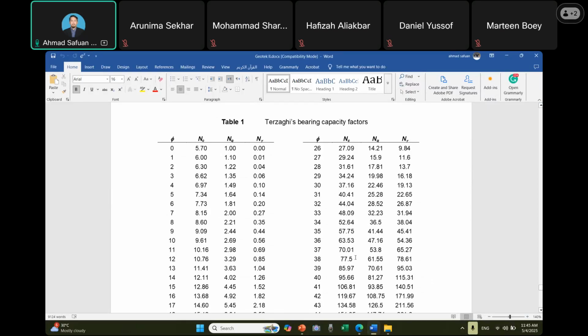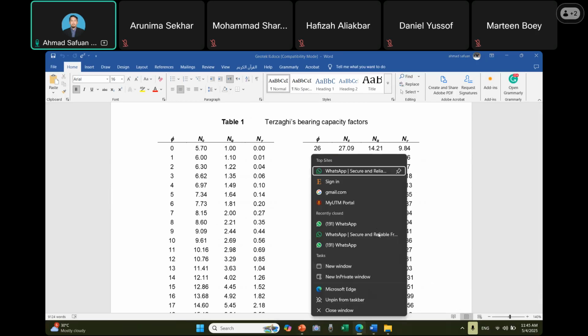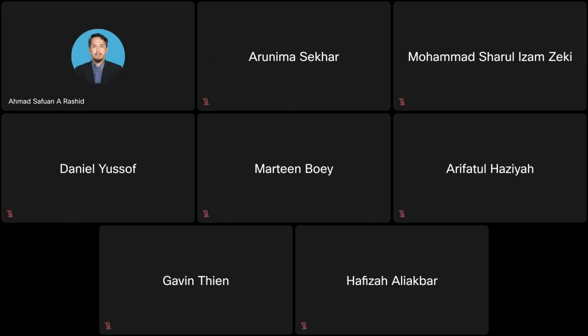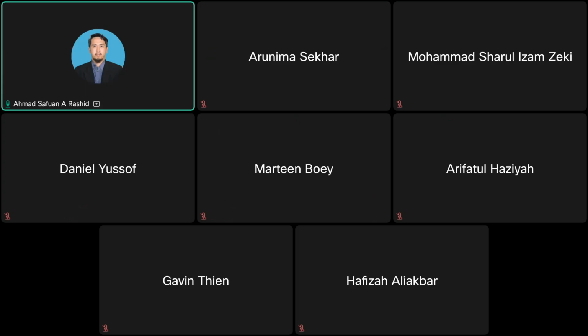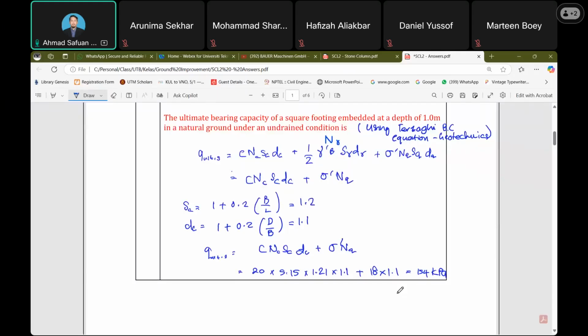But basically Nc is equal to 5.7 if we use Terzaghi. But for this case, the author used Nc equal to 5.15, so perhaps they use different coefficients for the Nc.